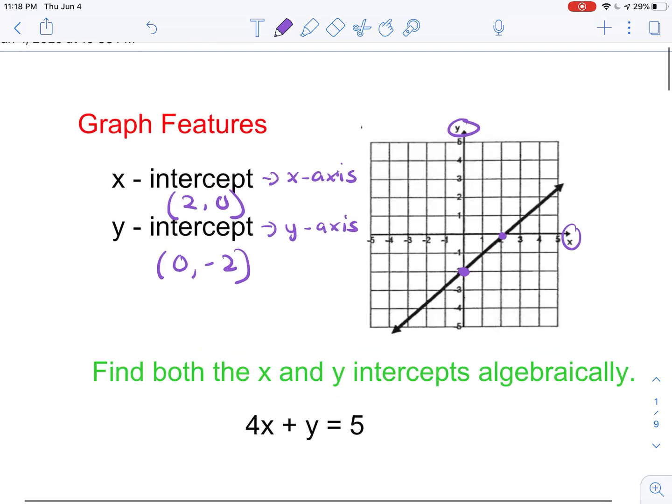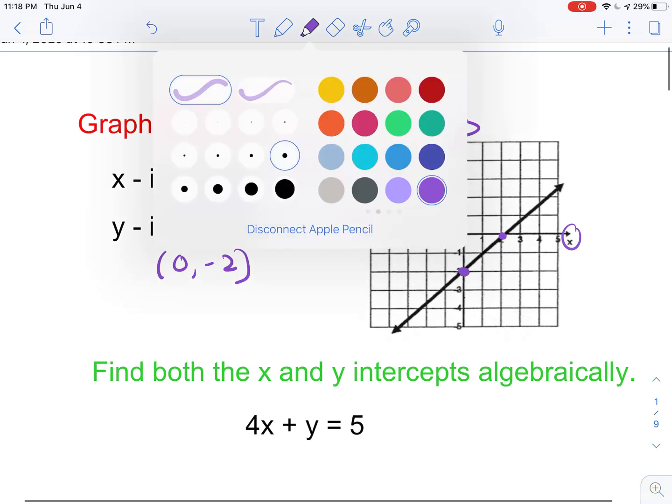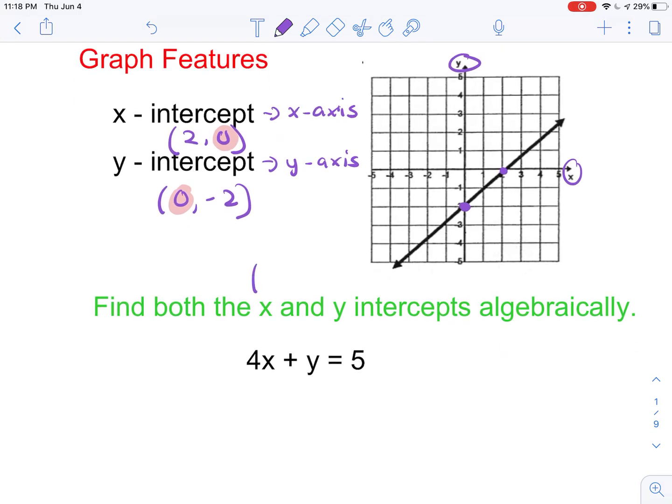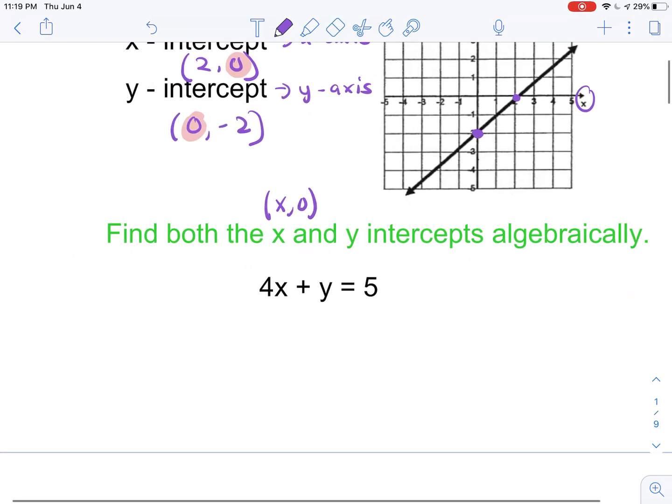All right. So if we want to find the x and y intercepts algebraically, we have to use this fundamental feature of the 0 to help us do that. We know that the coordinate for any x-intercept is going to be an x value, 0, meaning that I can plug a y value into our function to solve for the corresponding x value.